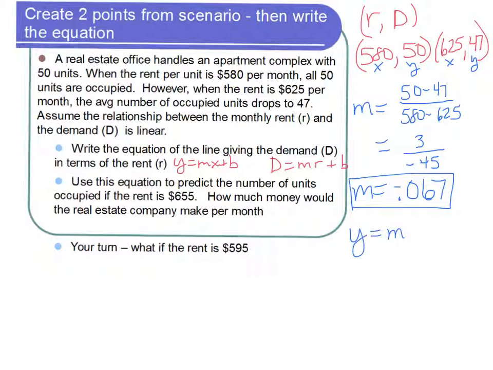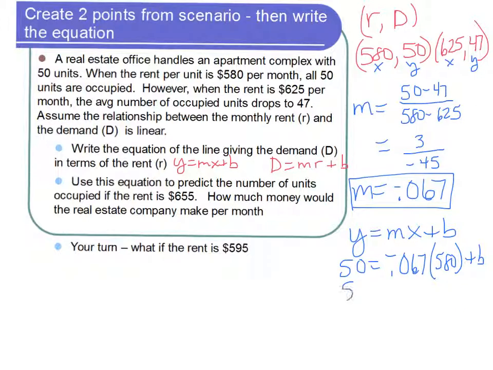So I start off with y equals mx plus b and fill in. Y is 50. M is negative 0.067. X is 580 plus b. So in my calculator, I like to keep that whole number in my calculator since I've got it, I'm just going to take that times 580.